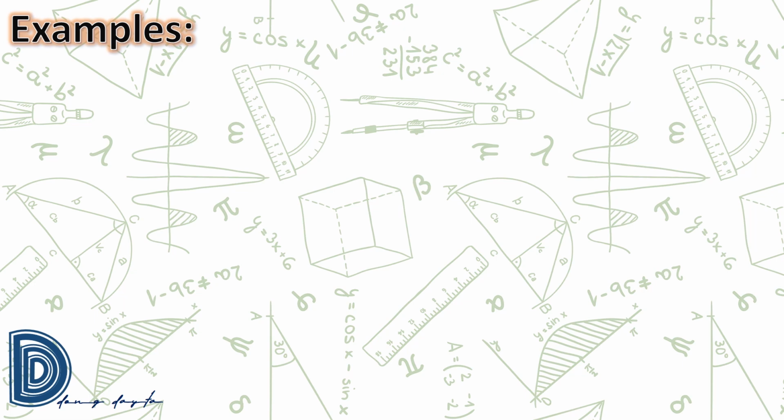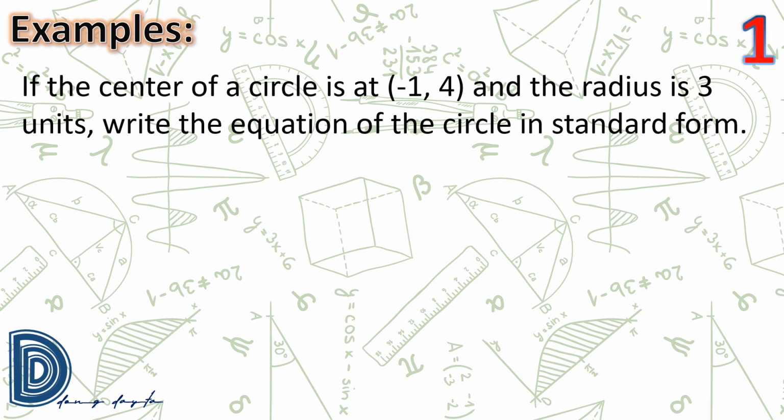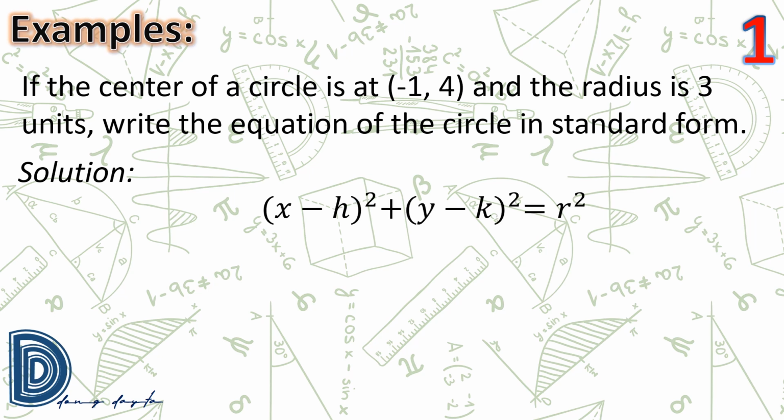If the center of the circle is at (negative 1, 4), and the radius is 3 units, write the equation in standard form. So this time, we know the coordinates of the center and the length of the radius. It is easy to write the equation of the circle in standard form by substituting the coordinates of the center to (h, k) and the length of the radius to r in the standard form of the equation.